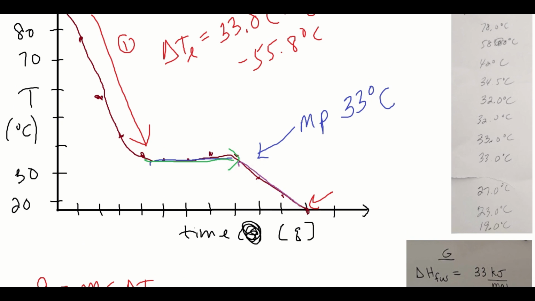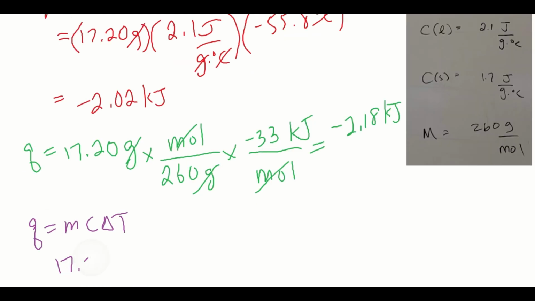Finally, we can see how much heat was lost in this third leg of the journey. And we have to use a specific heat value for the solid form of the substance, which is different from the specific heat of the liquid or gas. So it's 1.7 joules per gram degrees Celsius.